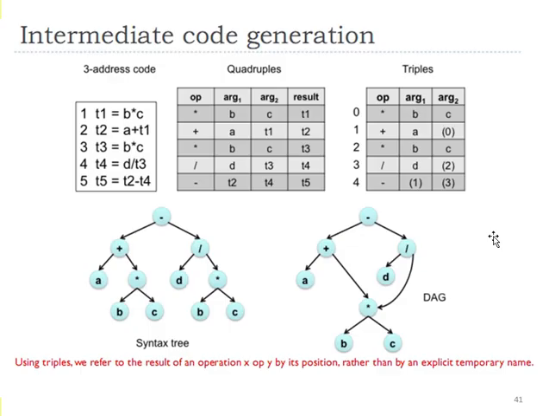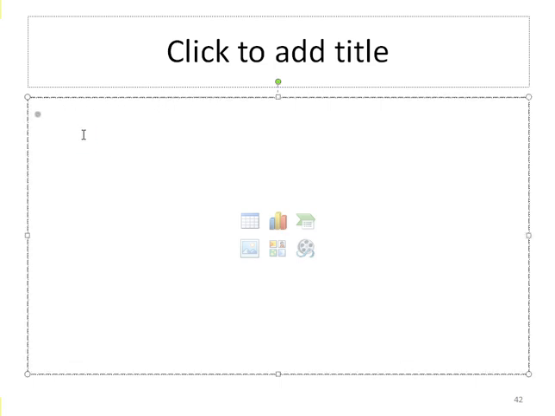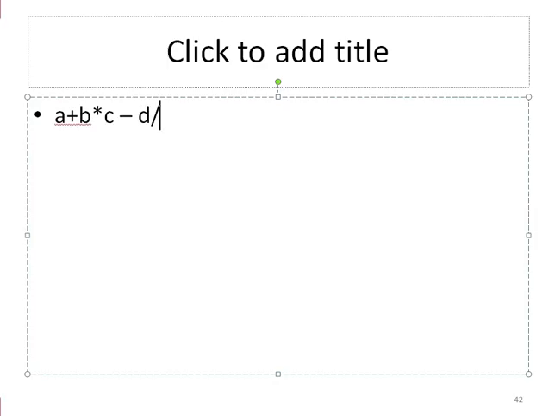So if we represent this expression as a three address code, we can consider, for example, the expression a plus b times c minus d over b times c.